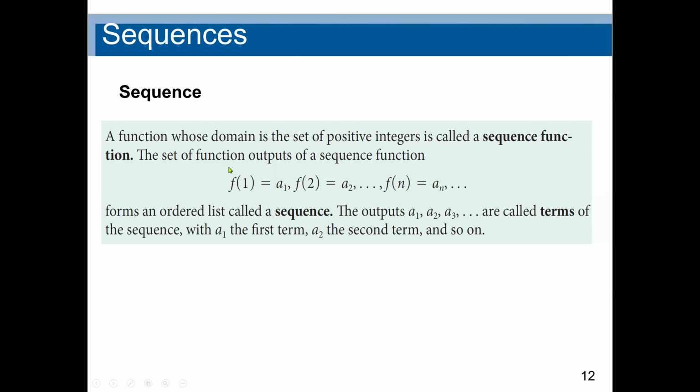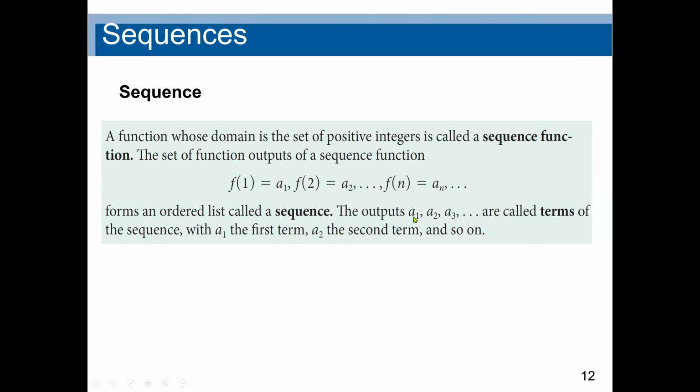Then the set of function outputs of a sequence function will look something like this: F at 1 gives us A1, F at 2 equals A2, all the way to F at n equals AN. This will form an ordered list called a sequence. So the output will be A1, A2, A3, etc.